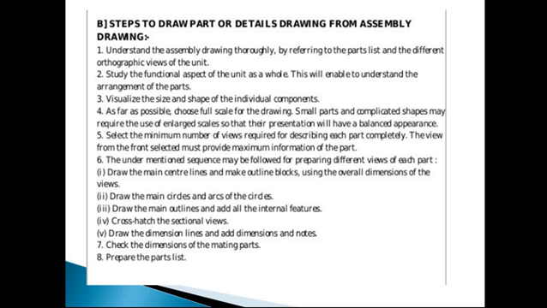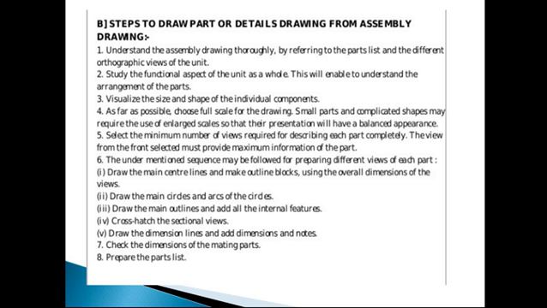Add whatever things are given inside your component, and draw how the internal features look. Then cross hatch the sectional views. If you have drawn sectional views and want to show hidden details, use hatching lines to show a sectional view.